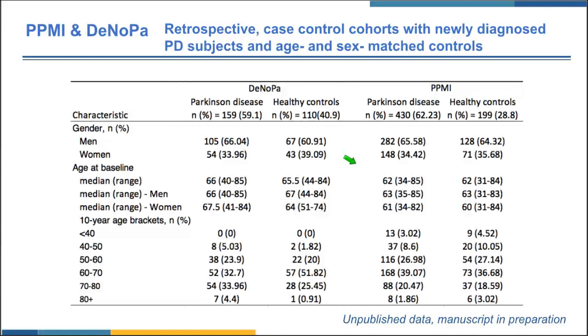In both cohorts the participants have similar characteristics: about two thirds are male and one third female, and the ages are mostly between 50 and 80, I think. So these two cohorts have a lot of similarities, although they differ in which wearables they collected.